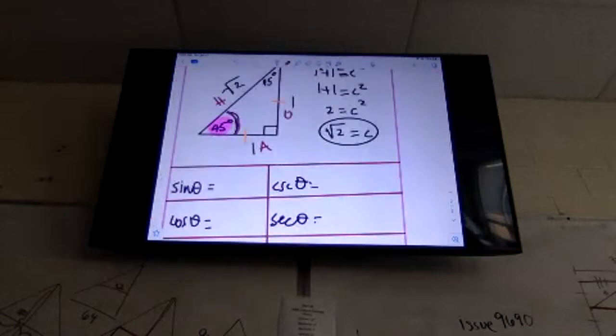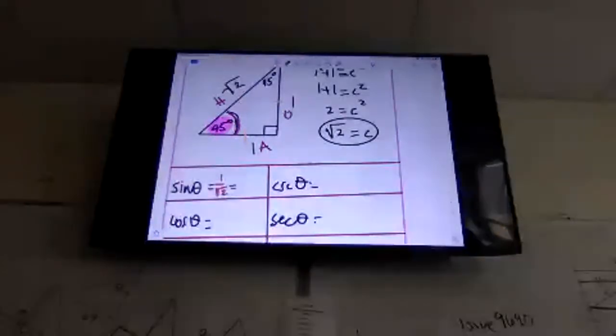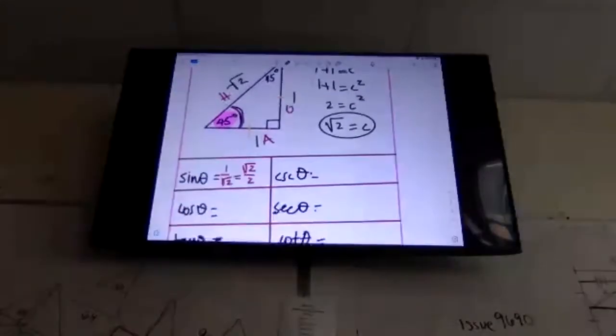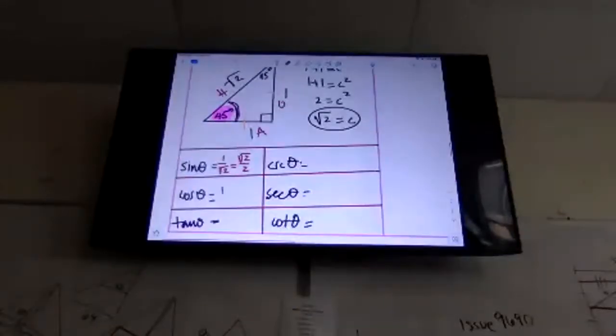So sine is going to be opposite over hypotenuse, which is 1 over root 2. Now this is where I do want you to rationalize. I do not want this to be 1 over root 2. I want it to be root 2 over 2. Cosine is going to be the same thing because adjacent is the same as opposite. So 1 over root 2, which is root 2 over 2.